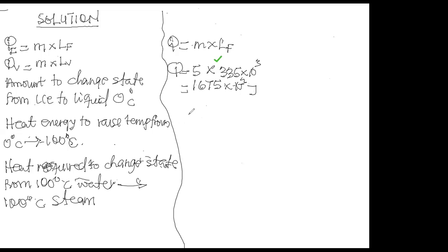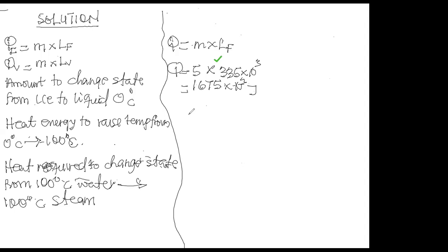So ice will begin to melt at 0 degrees. While change of state is occurring, we have ice and water in equilibrium. The temperature will change when every ice has actually changed to water. So we begin with ice at 0 degrees Celsius, and then water melted also at 0 degrees Celsius.